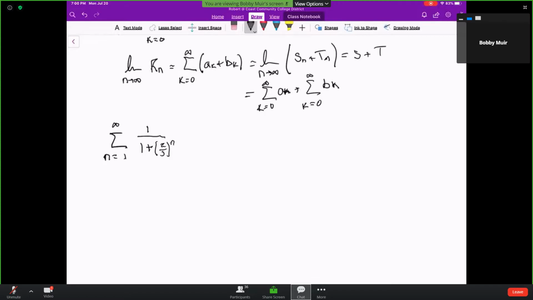So does this guy converge or diverge? Well, what he's wanting you to do is identify what a_n is. And the limit as n tends to infinity of a_n is the limit as n tends to infinity of this thing.